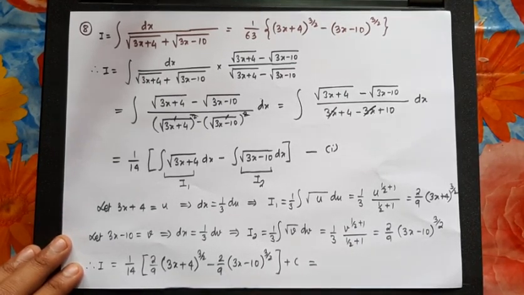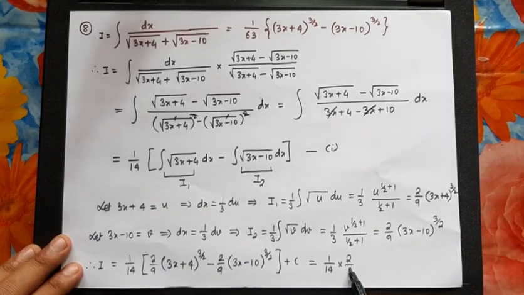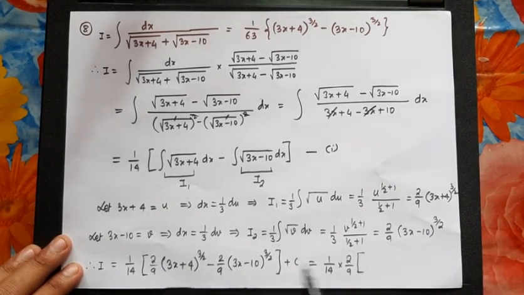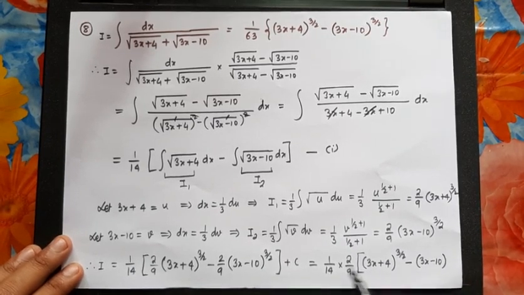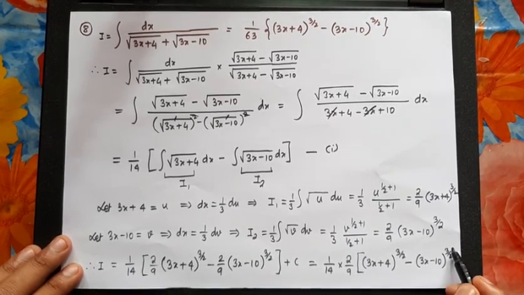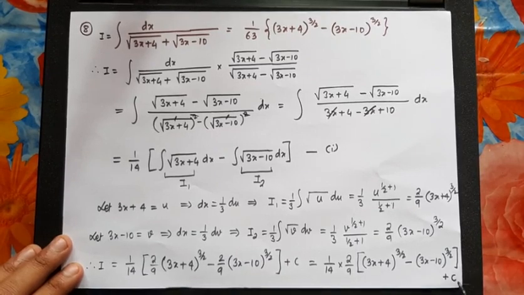So we have 1 by 14 into 2 by 9, so we have 3x plus 4 to the power 3 by 2 minus 3x minus 10 to the power 3 by 2 with constant of integration.